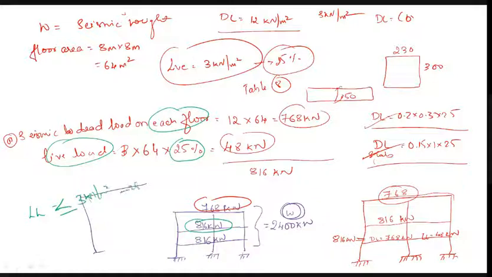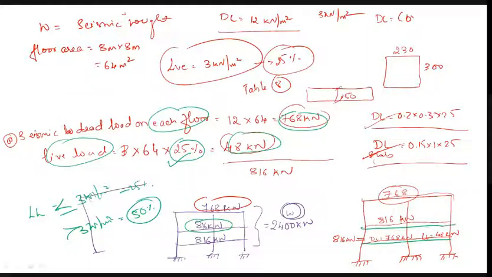If it is greater than 3 kilonewton per meter square, we will go for 50% of the live load. In our case, it is equal to 3 kilonewton, so we have considered 25%. So we have got the dead load and live load on each floor. Now we want to determine the total load on each floor, so dead load plus live load.